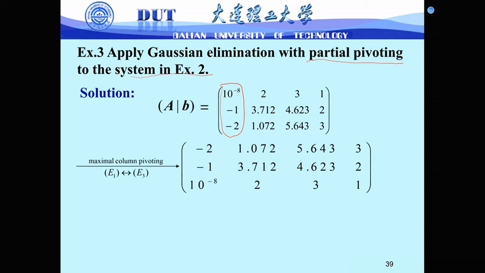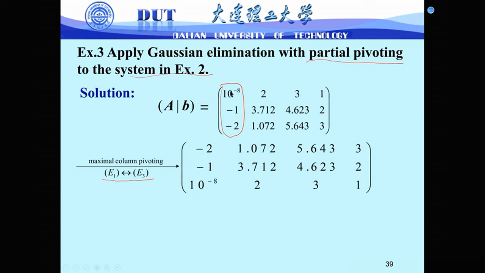So we need to interchange the first row with the third row. Is it okay? This symbol means we interchange the first row with the third row. So E1 interchange with E3. Now you see, we move -2, 1.072, here 5.643, here 3 to the first row.